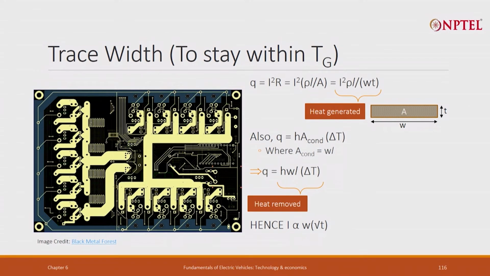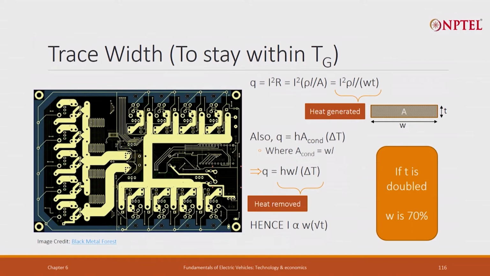Now, I have doubled the thickness. That means I can reduce the trace width. What will be the new trace width? The equation is right here. If I double it, width will become 70%, width will not become half.